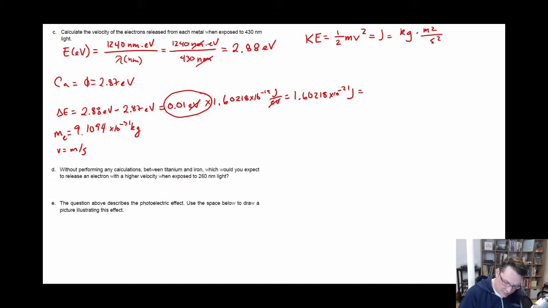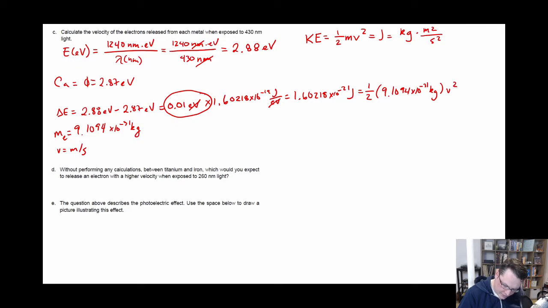That's equal to 1/2 times the mass, which is the mass of the electron, so 1/2 times 9.1094 times 10 to the negative 31 kilograms times velocity squared.